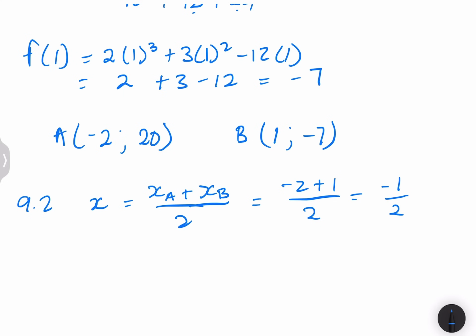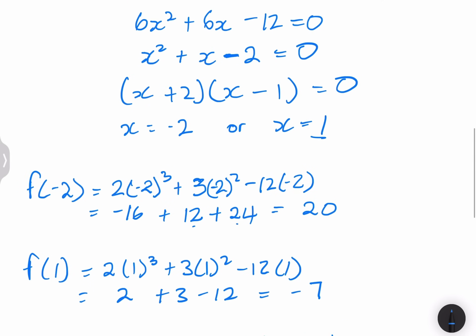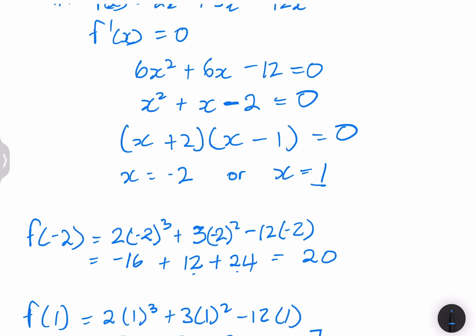But of course, the traditional way of getting the point of inflection is taking the double derivative and making it equal to 0. We already had the derivative: 6x squared plus 6x minus 12.